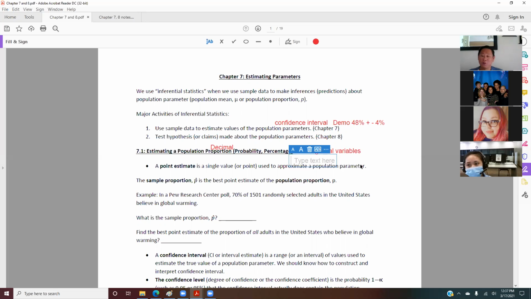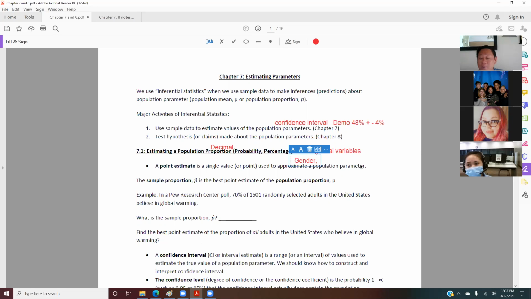Categorical variables are where you have categories and you pick one of them. That means you have choices and you pick one of the choices. That is a categorical variable. For example, gender. You have male, female, non-binary, all those things, and you only pick one of those.